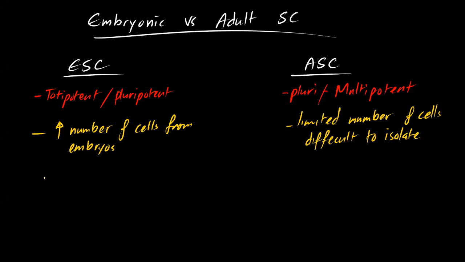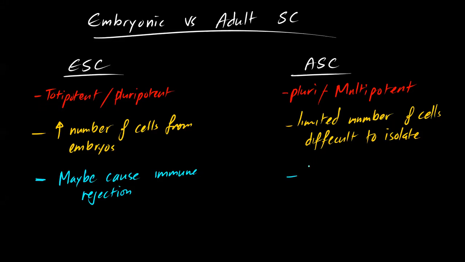Sometimes these embryonic stem cells, because of their high potency, if they are injected back into the human body, they might cause immune rejection. So the immune system might attack these embryonic stem cells if they are injected back into the body of an individual or a person.